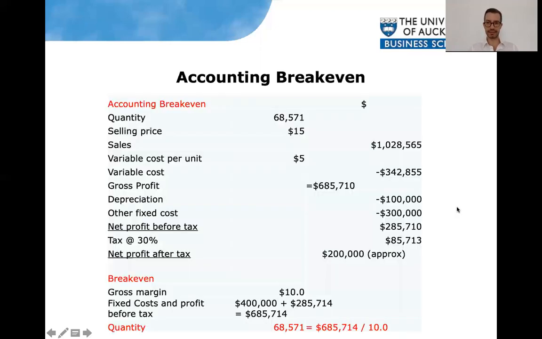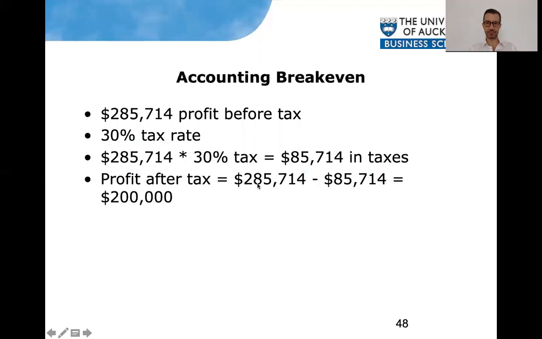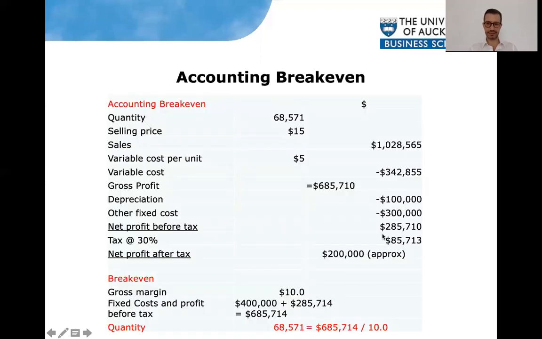So let's see the example that we mentioned before. So we had a $15 selling price and a $5 variable cost per unit. So in this case, again, the gross profit per unit is 15 minus 5 equals 10, and we put it here. The fixed costs are 400,000, to which we add the $285,000 that we have found here.